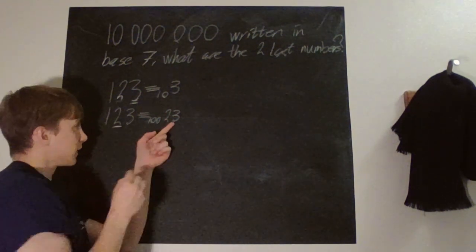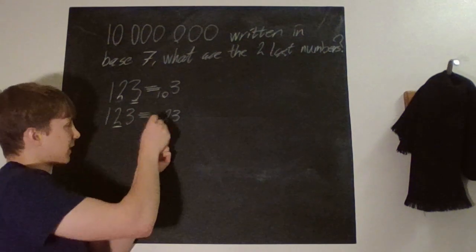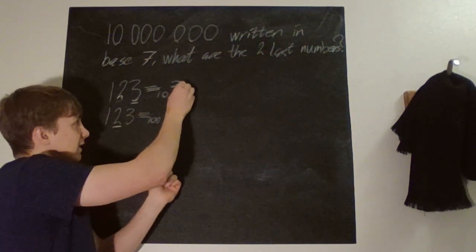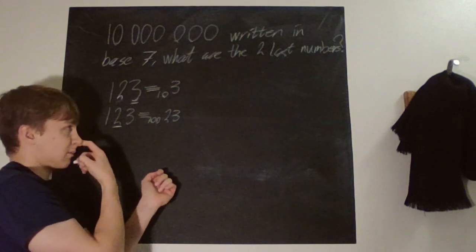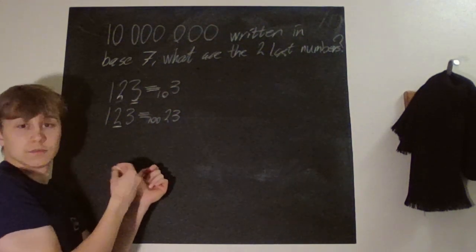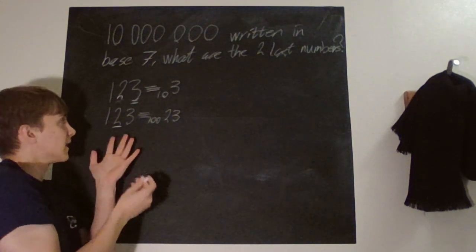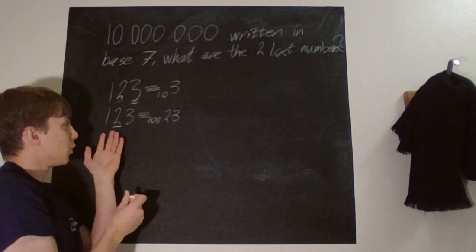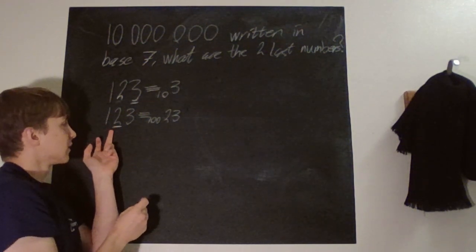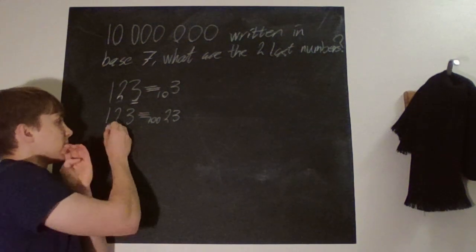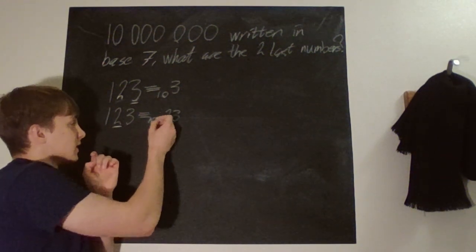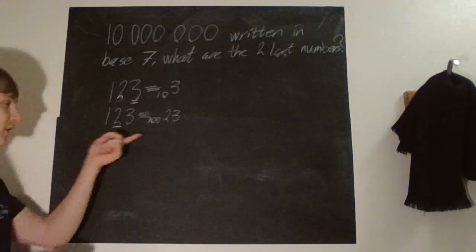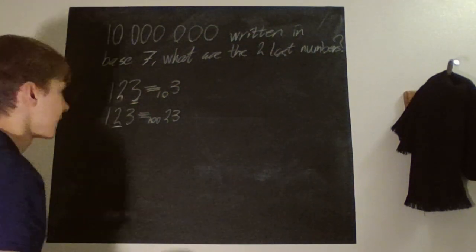So what we have to do is take this and subtract that and then divide by 10. Basically, how many tens fit in the remainder after division by 100.